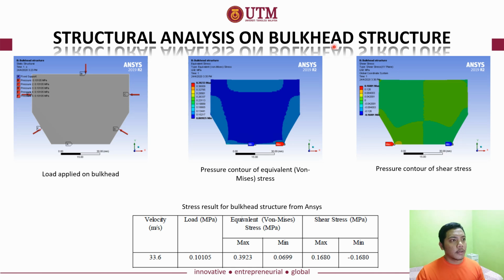And for both, the pressure contour shows that most of the structure managed to have minimum stresses. And also the detail on the value of the stress is shown in this table here.